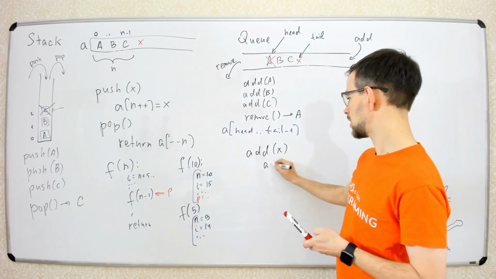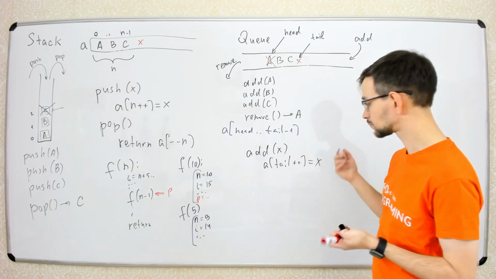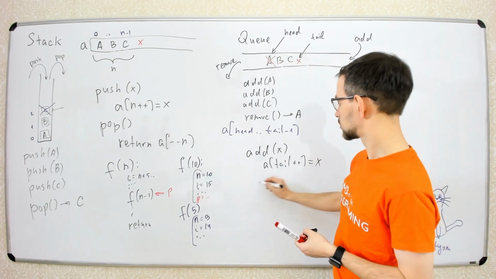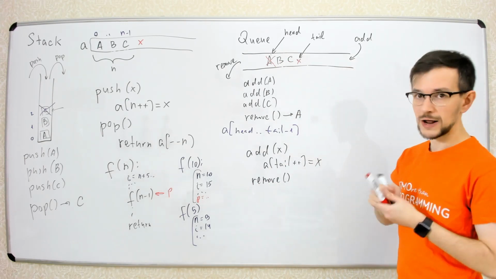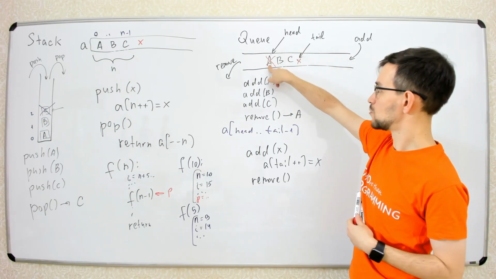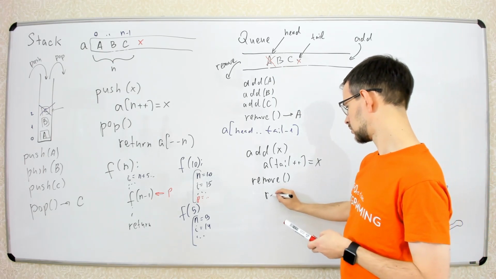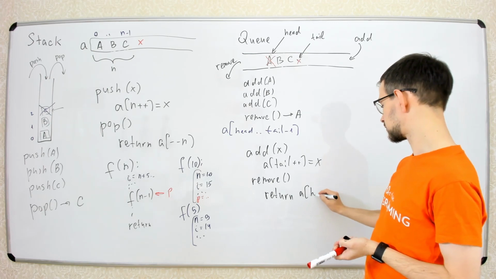So let's say a[tail++] = x. It's very simple. And how to remove elements? To remove an element from the queue, we just need to take the first element at position head, remove this element, and move head to the next position. Head++, right?